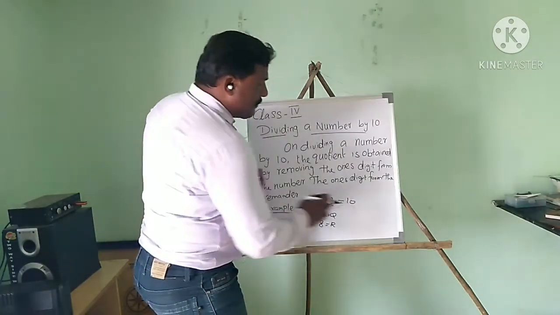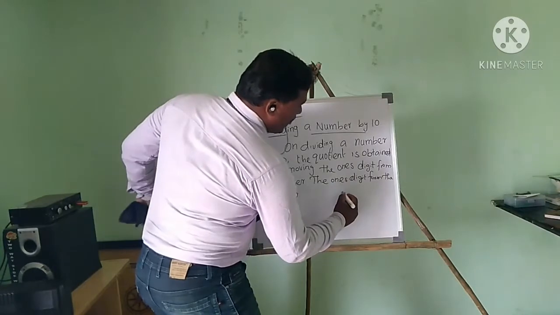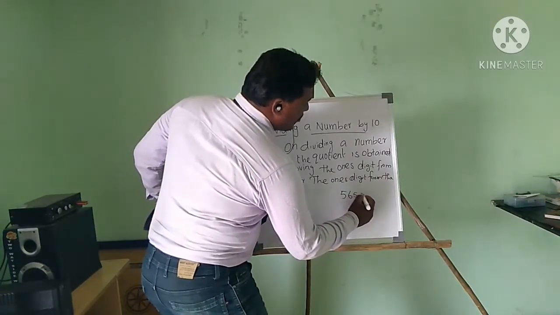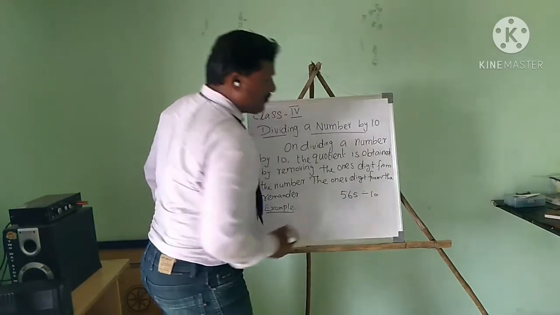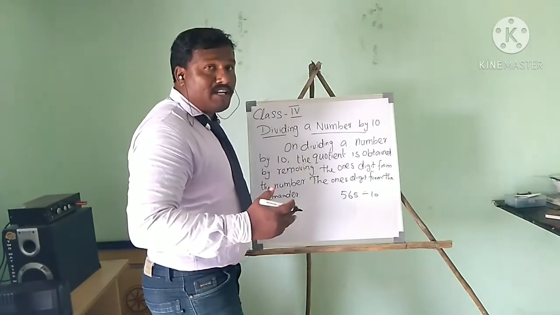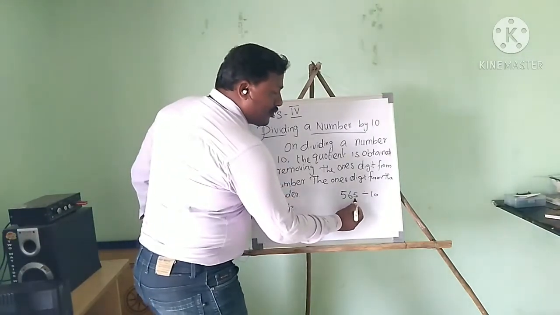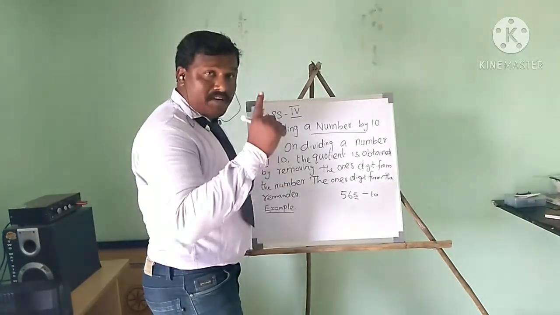Let me take another example. If you take 565 divided by 10, how do you find the quotient and remainder without actual division? First you have to remove the ones place digit.